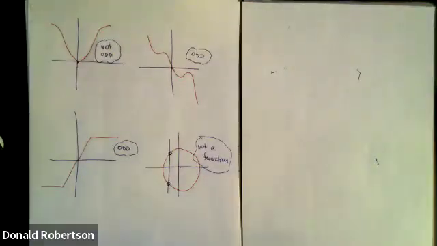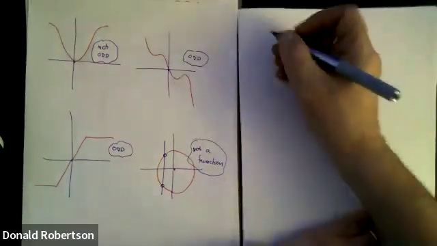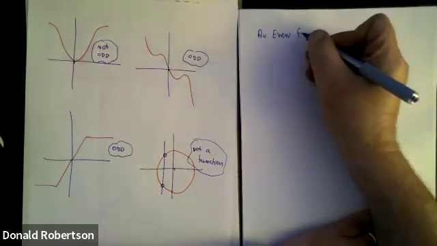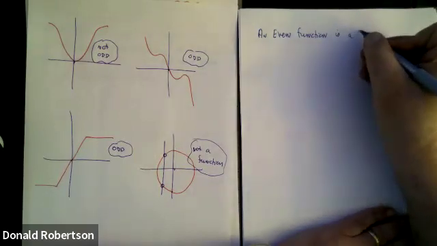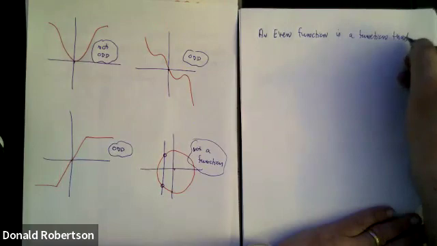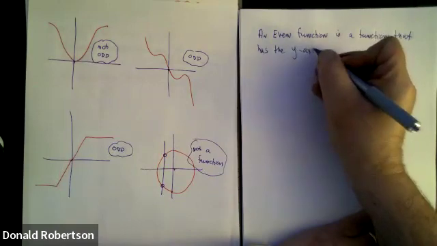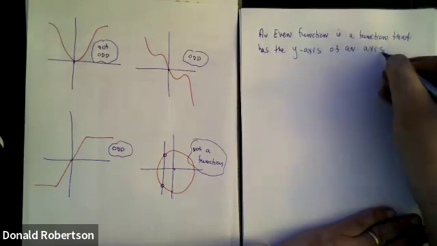Now, what does an even function look like? Well, let's try that again. Get some more paper. Here we go. It's a definition of an even function. An even function is a function that has the y-axis as an axis of symmetry.